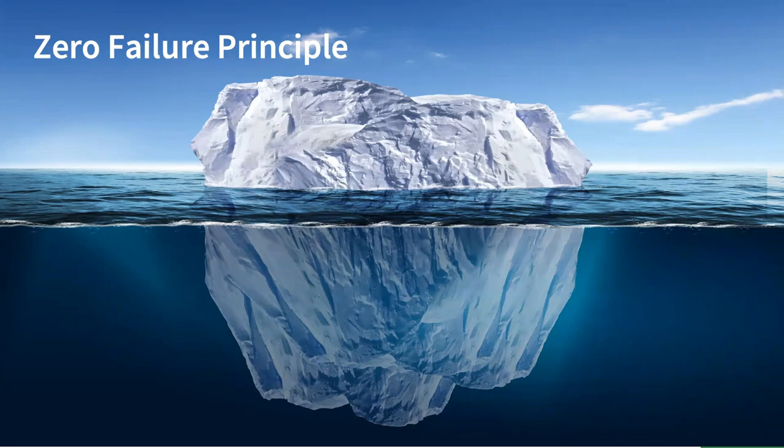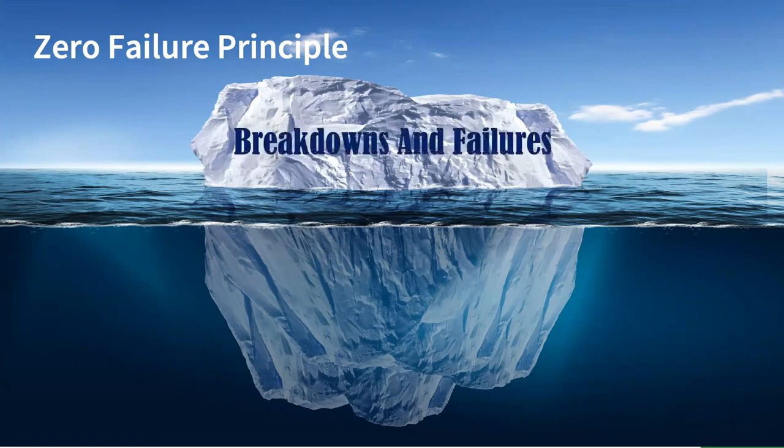Well, one of the major misconceptions of machine failure and machine breakdowns is that it really is the thing that everybody sees. It really is the tip of the iceberg, if you will, the one thing that everybody pays attention to.